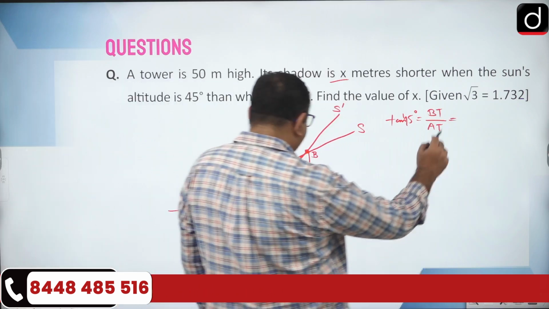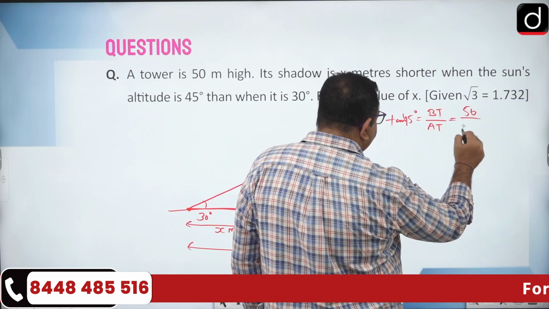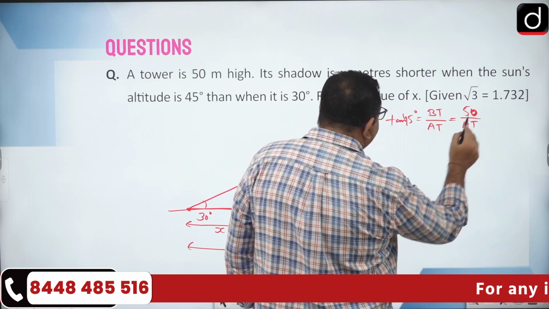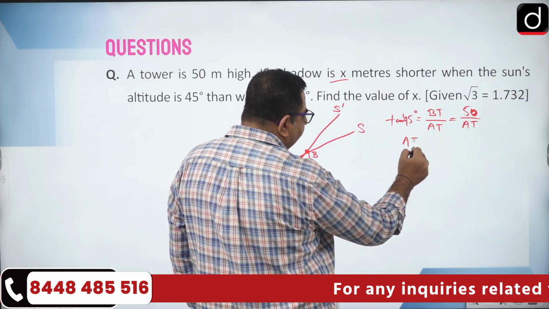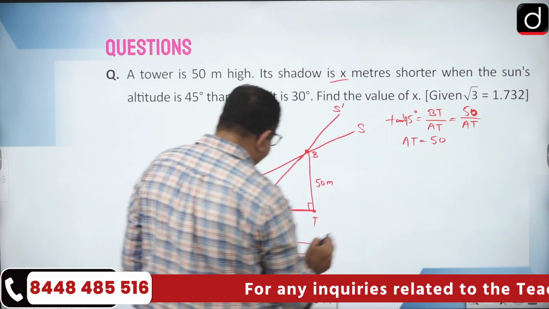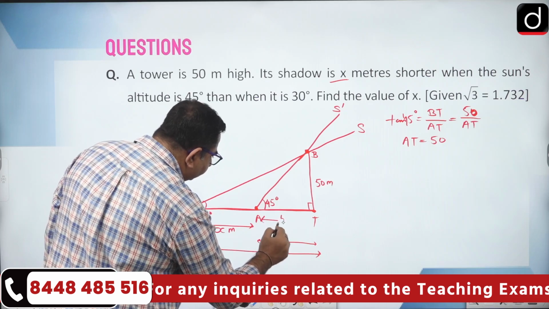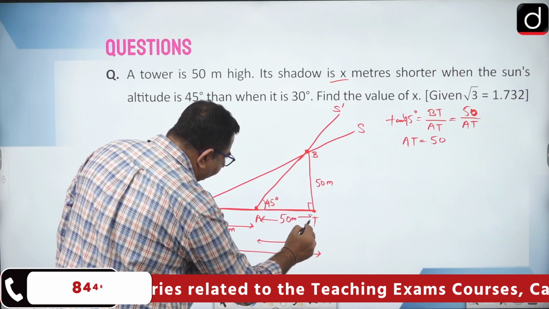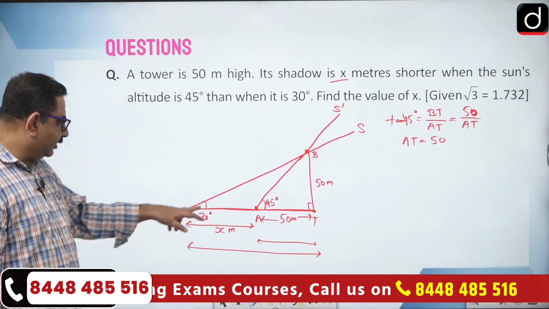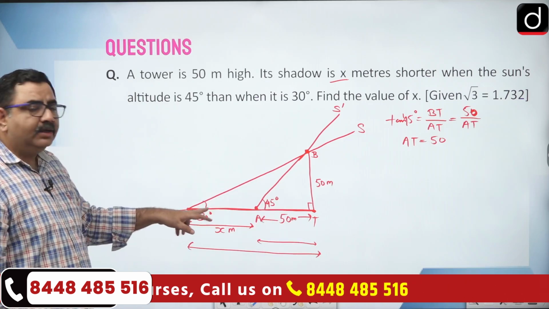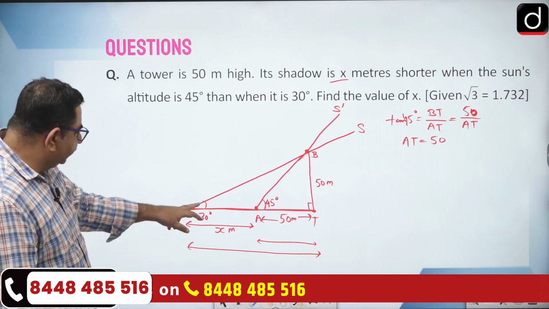So BT is 50 by AB. Now since this is 45 degrees, tan 45 is 1. So AB is equal to 50. So that length is also 50 meters. Now in the second right angle triangle, you can apply tan 30 degrees.